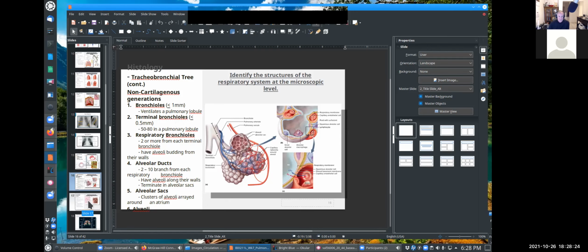And those make up pulmonary lobules. And then inside of those, you have respiratory bronchioles that come off the terminal bronchioles.